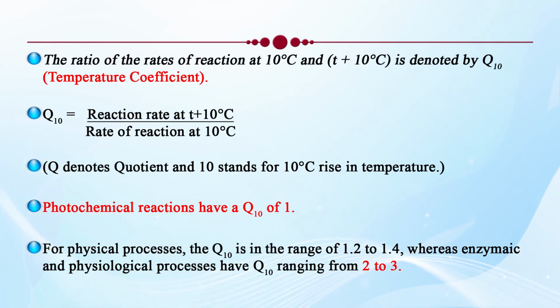And for enzymatic reactions, for example, as we will see in the dark reaction, that is the Calvin cycle, or in all the reactions of aerobic respiration and anaerobic respiration, these are all physiological processes, the range usually goes from 2 to 3. That means it is a multiple. But when we talk about a photochemical reaction, then surprisingly the Q10 is 1.